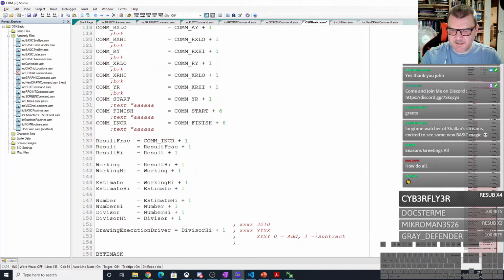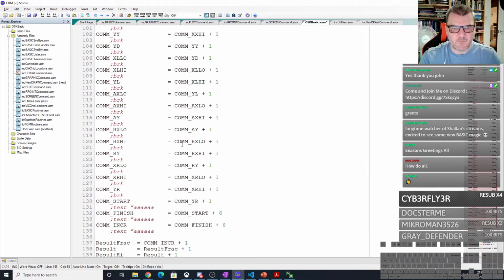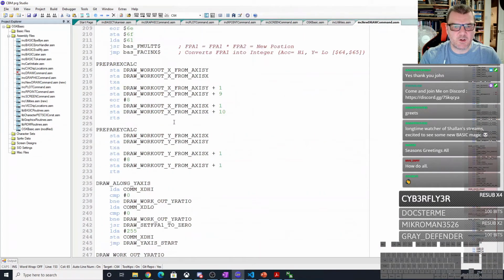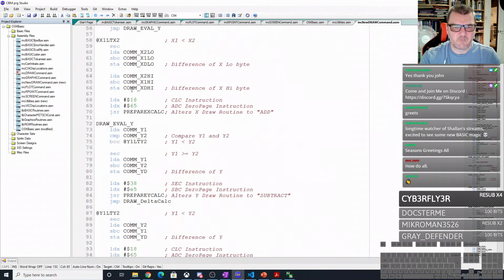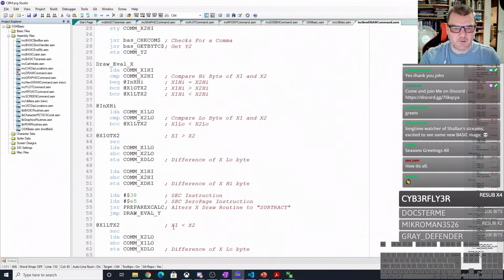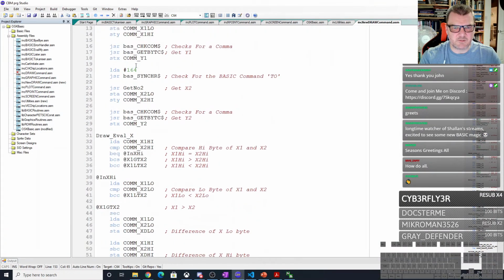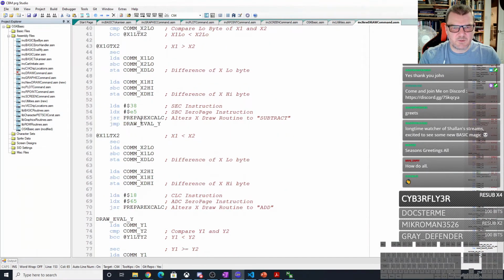So 0 is add, 1 is subtract. So that's all we need to do. So here, when we're working out, for example, let's find the first one, which will be here, prepare X calculation.